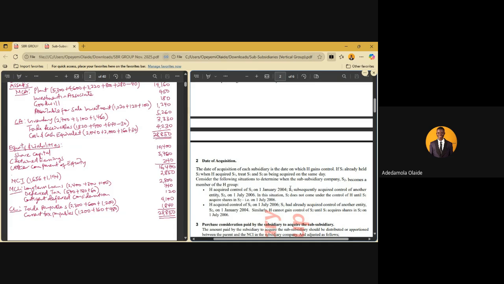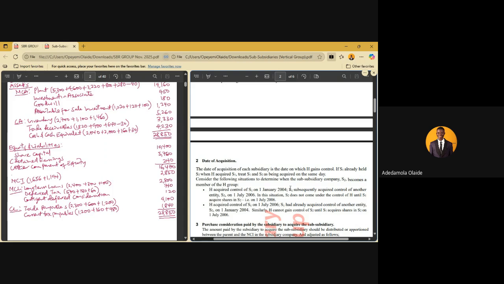The date of acquisition for the subsidiary is easier to determine: whenever they get their controlling interest in the subsidiary is the date of acquisition. Now, if the subsidiary acquires the sub-subsidiary after the ultimate parent has acquired its interest in the subsidiary, then whatever date the subsidiary acquires its interest in the sub-subsidiary is the date of acquisition of the sub-subsidiary. What do I mean?